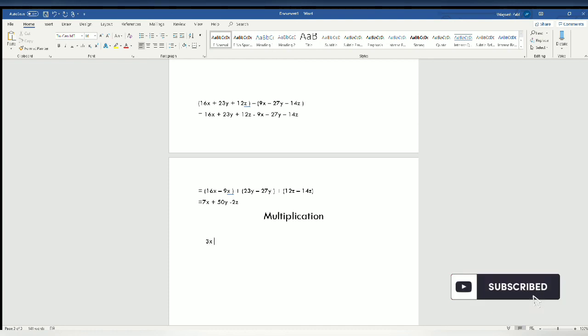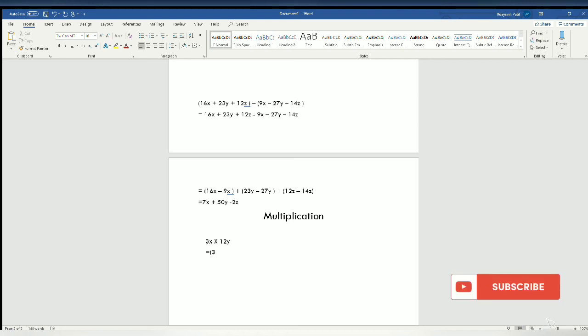Guys, this is a small x and this is a multiplication. Capital X I will take as a multiplication sign because small x we will take as a variable. Then multiplied by 12y. And here we just have to multiply the coefficients, means the numbers.